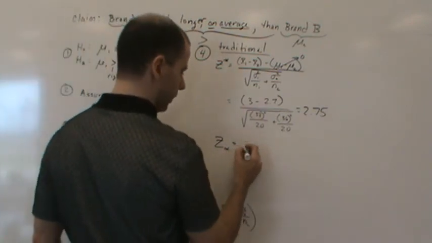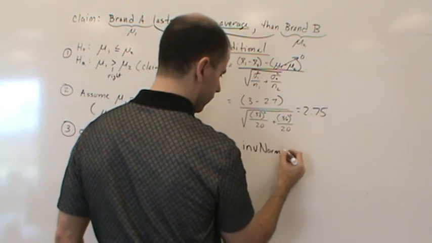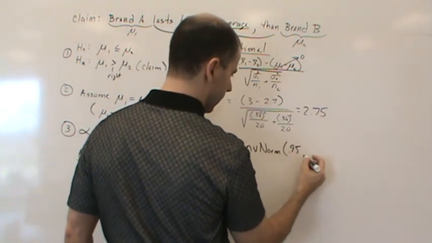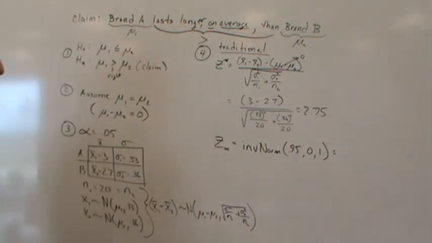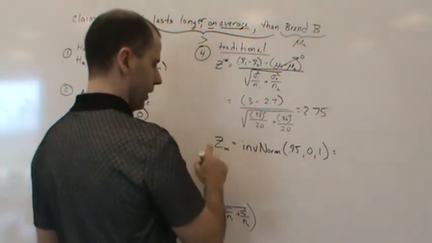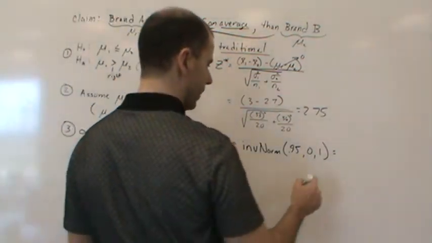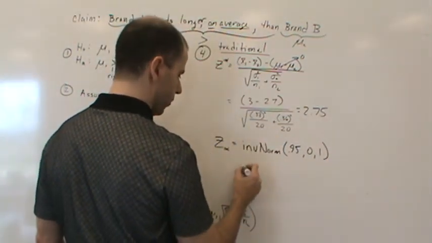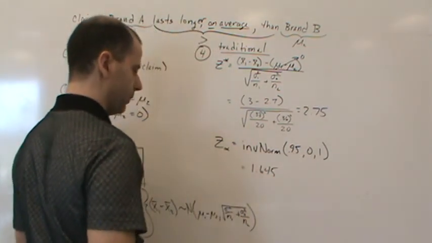And that's what I'm going to put into inverse norm: 0.95, comma 0, comma 1. And so what do I get? Well, I'm going to get my common z-score that you guys hopefully are starting to realize. My z-score here is going to be 1.645. That's going to be my critical value.